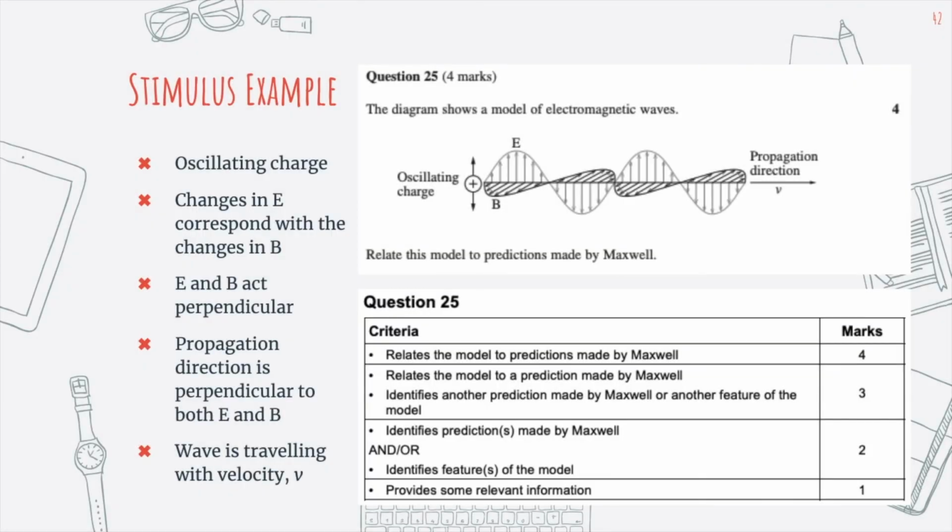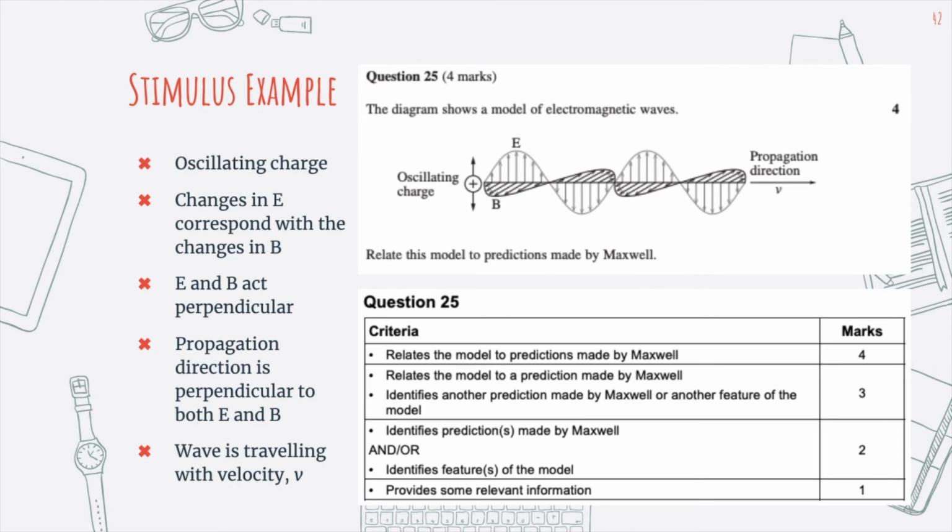So, how can we address this question? Well, let's have a look at the marking criteria and the identifying features that we have pulled out from the stimulus. So, for 4 marks, we need to relate the model to predictions, plural, made by Maxwell. So that's a nice clue straight from the question itself. It says, relate this model to predictions made by Maxwell. Okay, so on the left-hand side, we have multiple features that we can talk about with relation to Maxwell's prediction of electromagnetic waves.